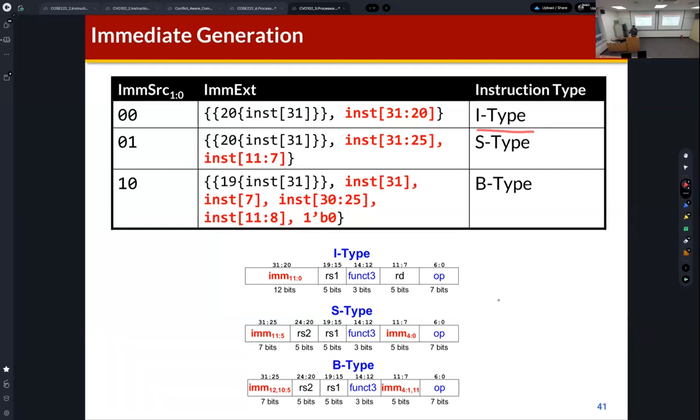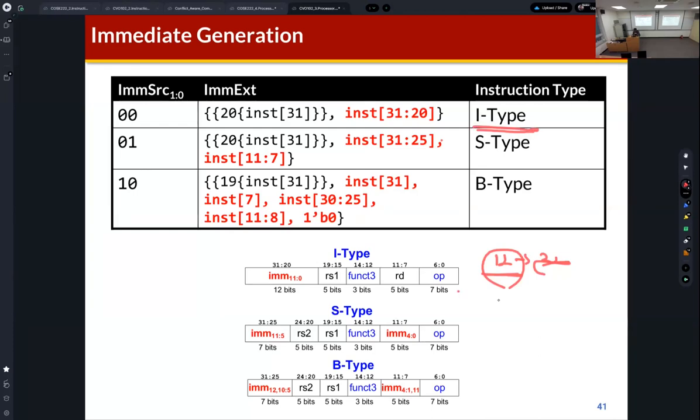I mentioned that this 12-bit is 2's complement data, which means it's signed data, so we need to perform sign extension. This is the method for sign extension. This is the I type field.